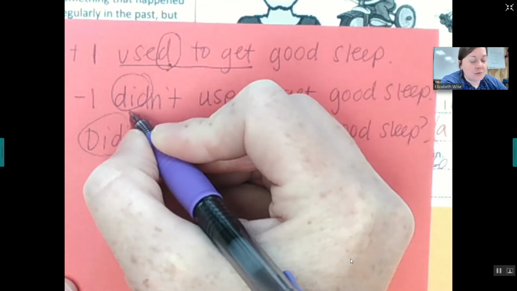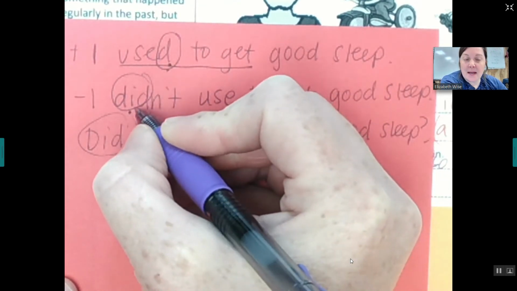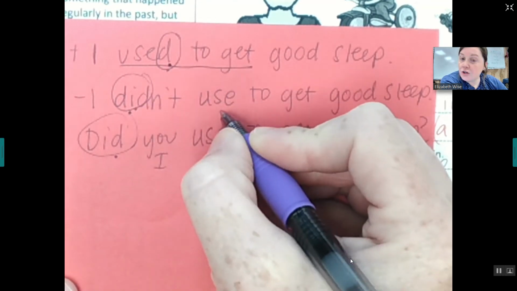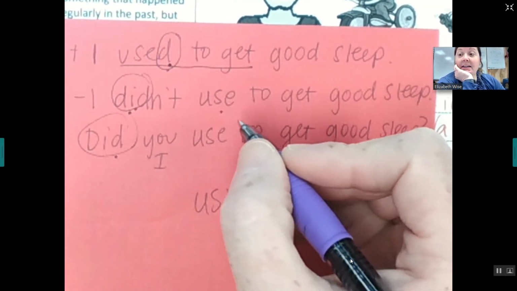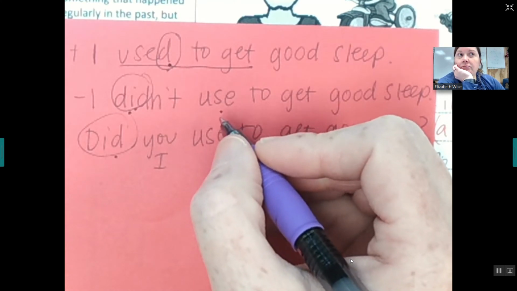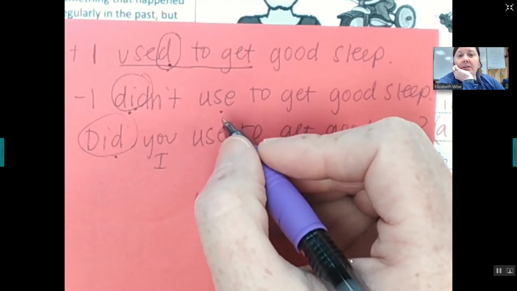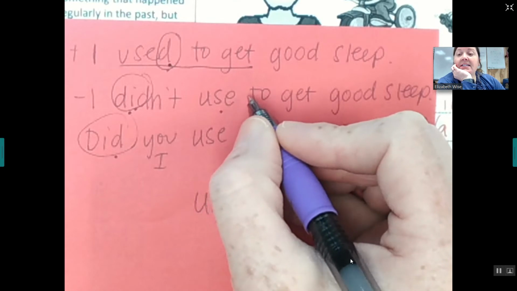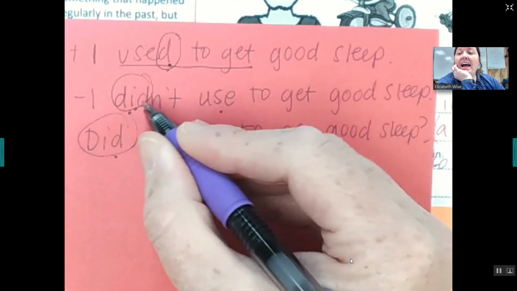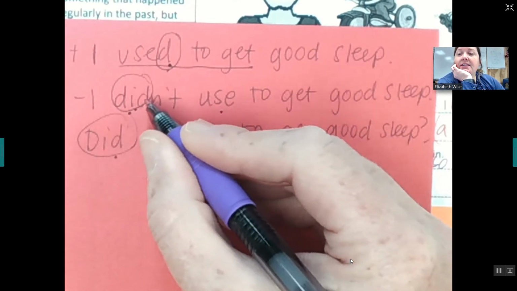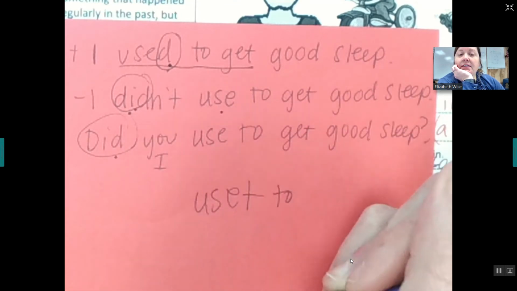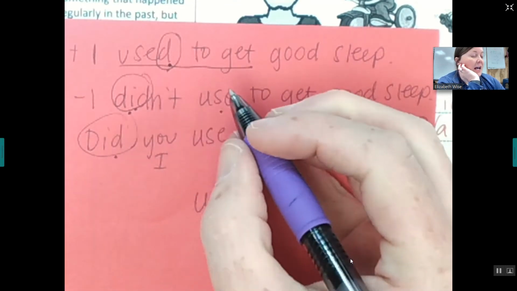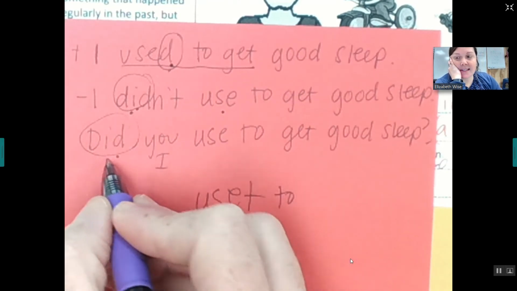In the negative, when we use "didn't", "did" makes it past. So "use" is just going to be the naked infinitive. It doesn't have an ending. So I didn't use to get good sleep. She didn't use to get good sleep. We didn't use to get good sleep.